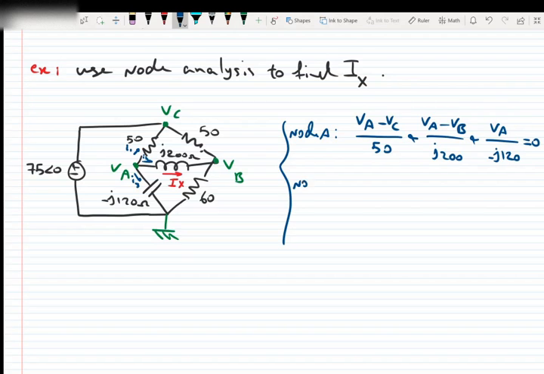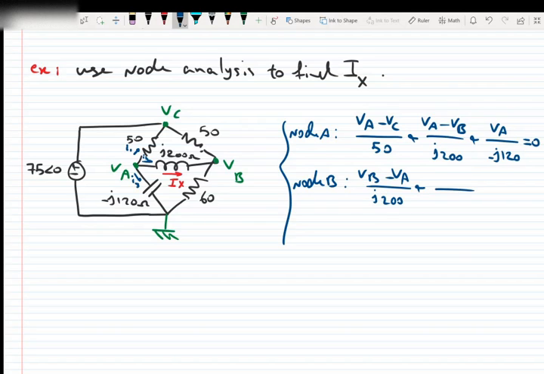Node B. The same thing for node B. For node B we say the current going from node B to node A is VB minus VA over J200.